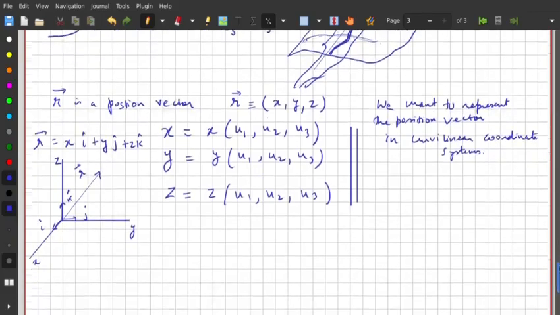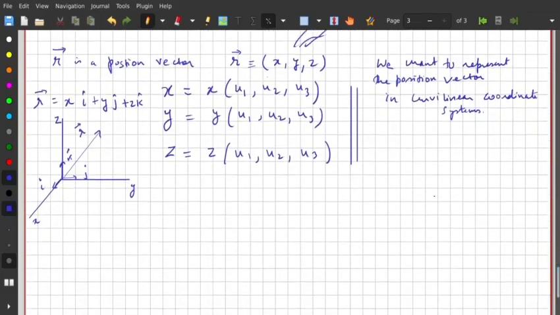Okay, and what we will do is this could be done in two ways, and those form two different systems.